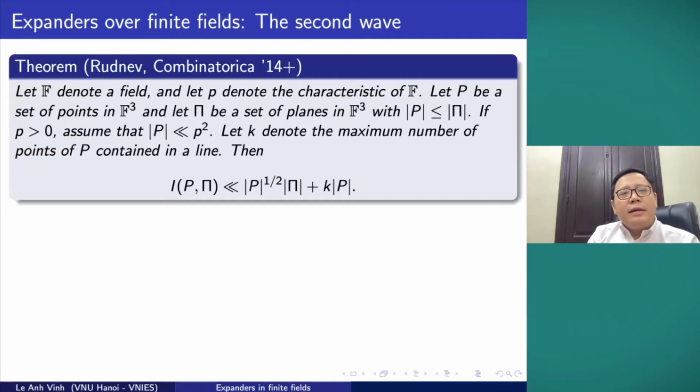There are only constraints about the size of the point set and the maximum number of collinear points that we also need to check whenever we want to apply the incidence theorem of Rudnev.